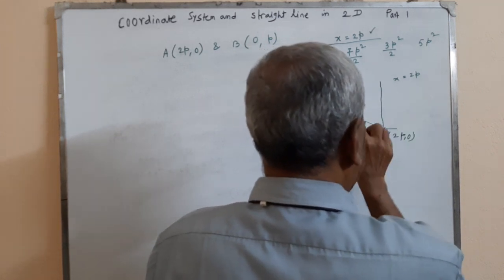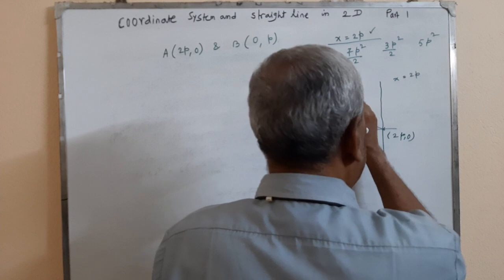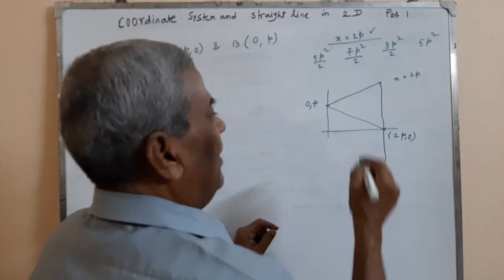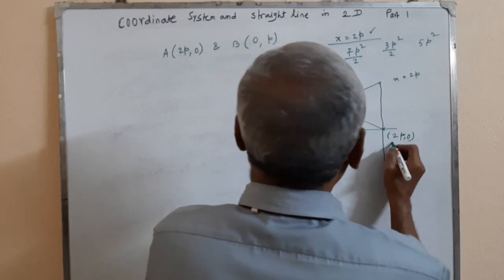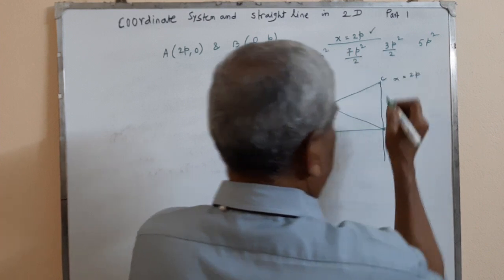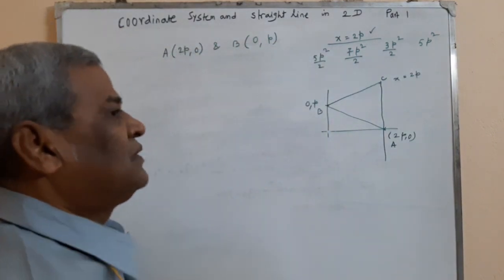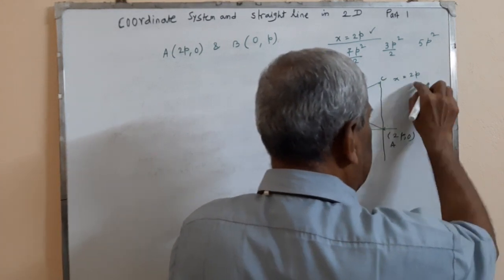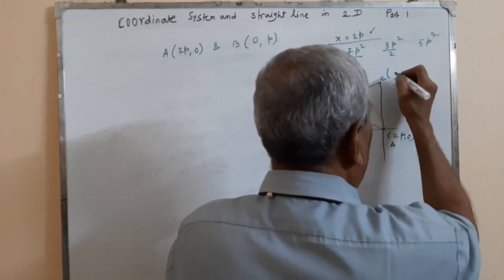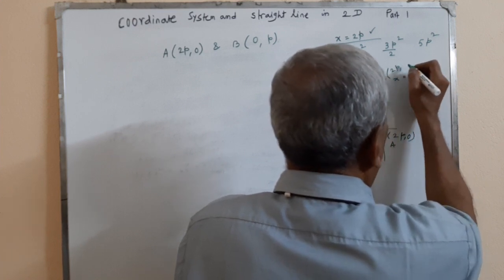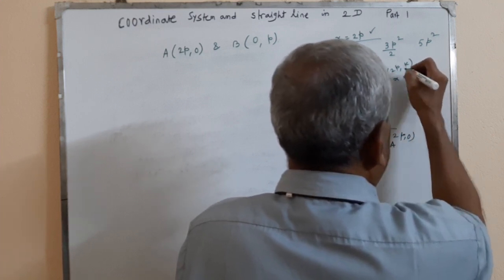Suppose, and it is base. Therefore, suppose this is the triangle. It is A, this is B, and this is C. As the third vertex lies on that straight line, its x coordinate must be 2p, and y coordinate say k, unknown.